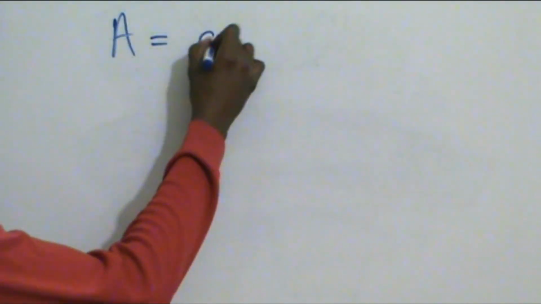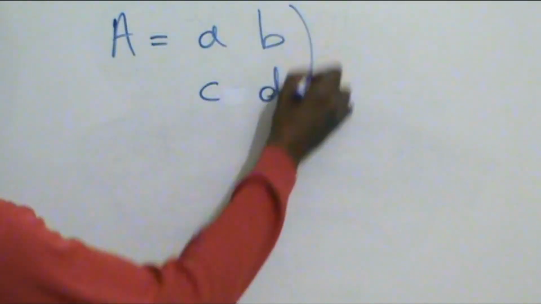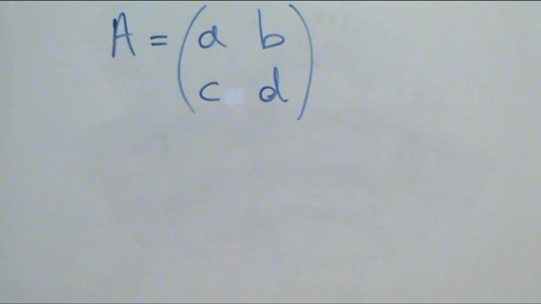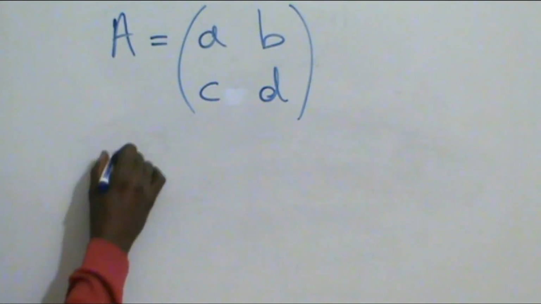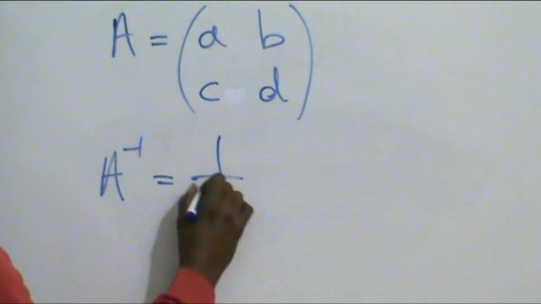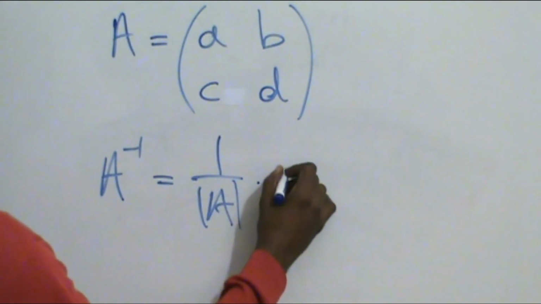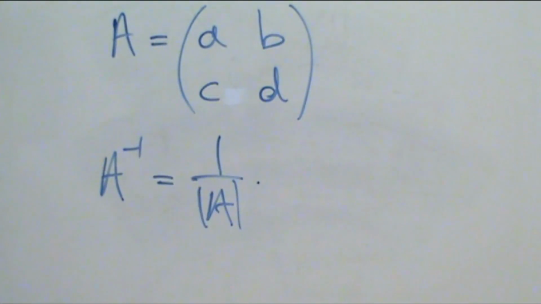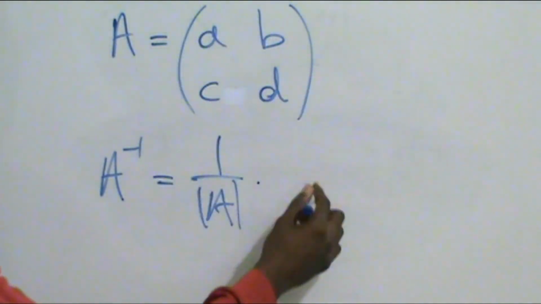Let me start by writing the formula, and then we'll do some examples, and then of course you have your questions to practice afterwards. If we have a matrix A equal to [a, b; c, d], then the inverse of this matrix, A minus 1, is equal to 1 over the determinant multiplied by a particular matrix that we're going to write out first and then talk about.